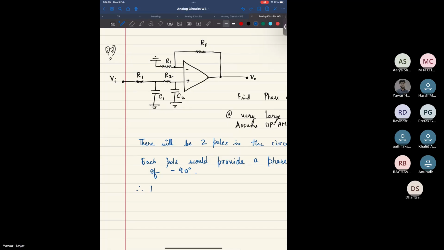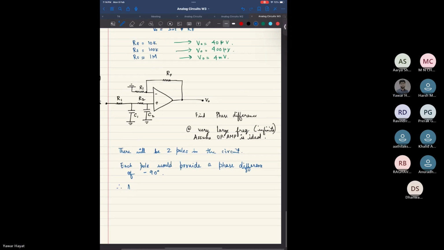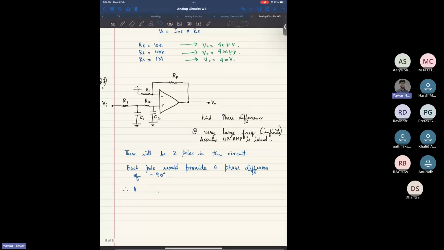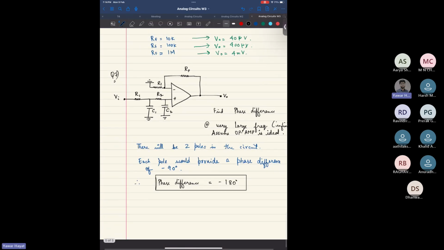Therefore, your phase difference is what? Minus 180 degrees, correct? That finishes question 7.